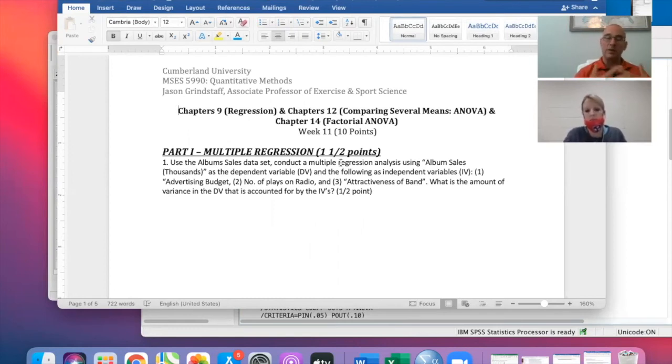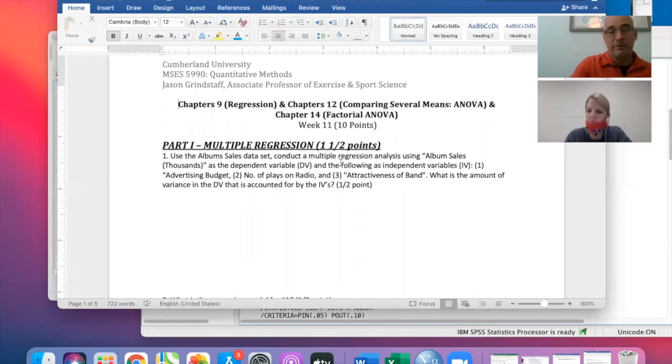And so we're going to look at those 3 variables in combination with one another, and is that going to predict album sales? That would be a very realistic question for a recording company to ask.